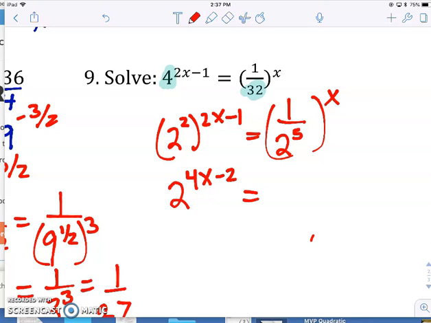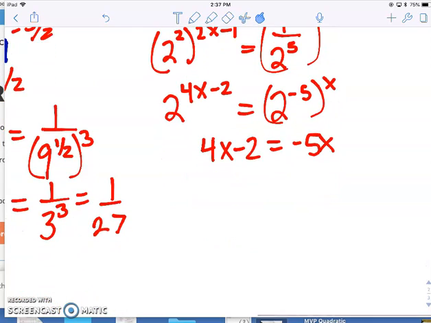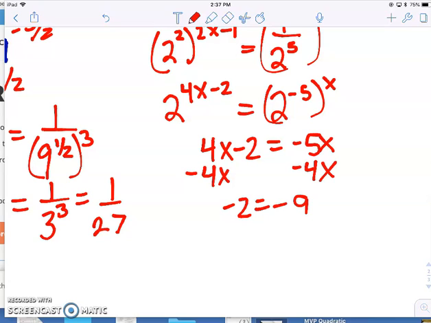I'm going to make that 2 to the negative 5th, so this to get it out of the denominator. So our equation we could write is 4x minus 2 equals negative 5x. Let's see, minus 4x minus 4x, so negative 2 equals negative 9x. So x would be 2/9.